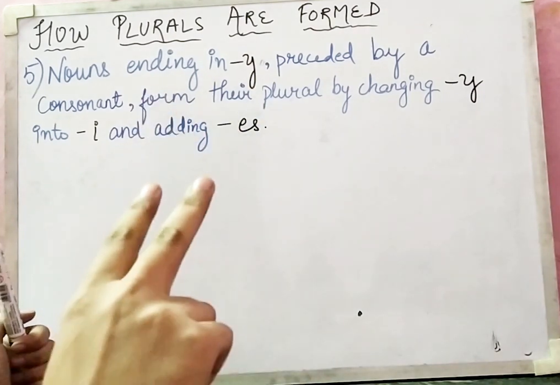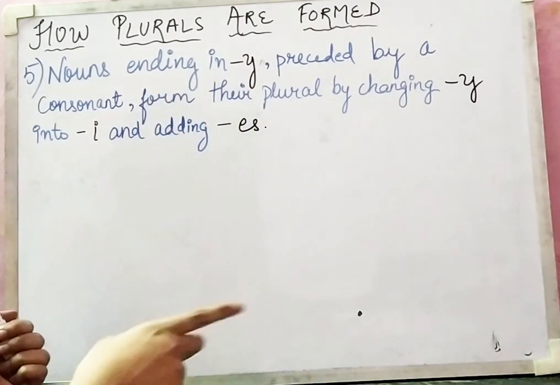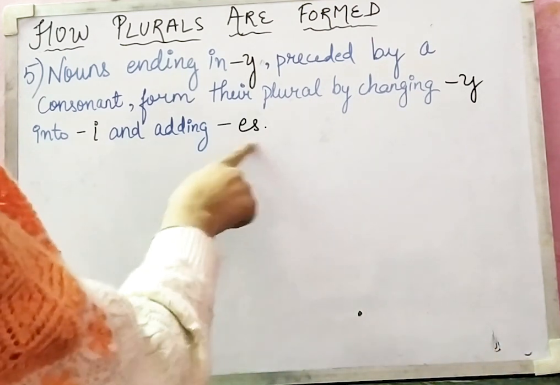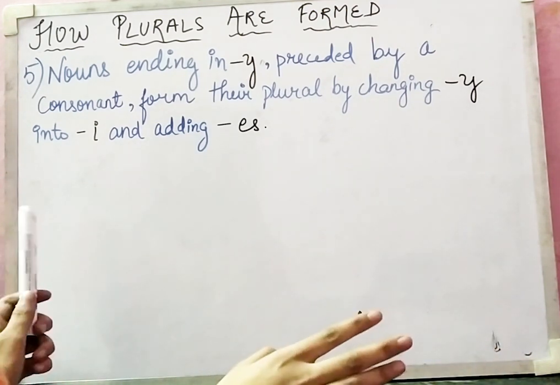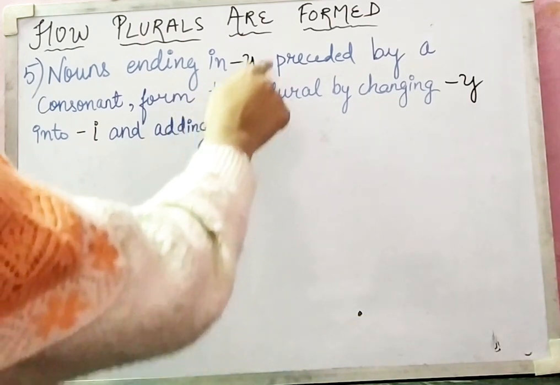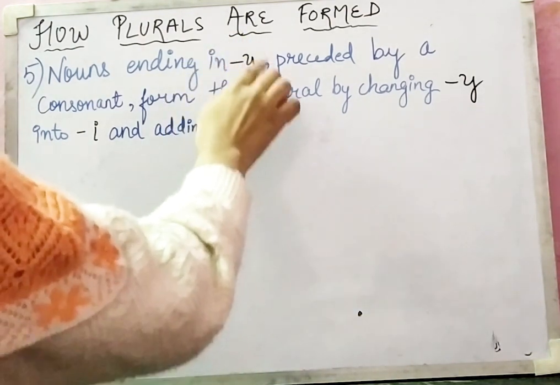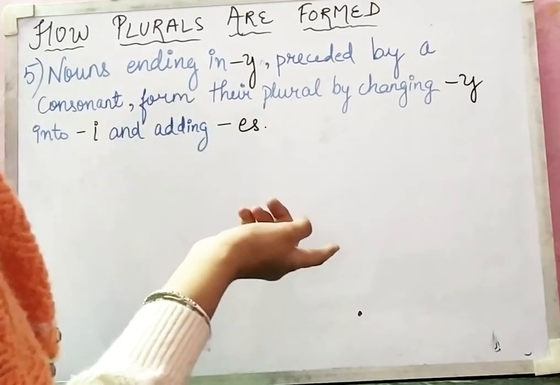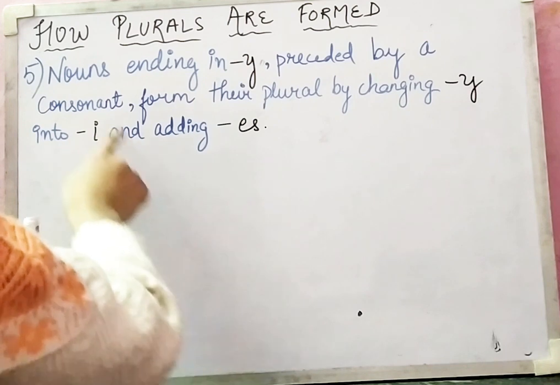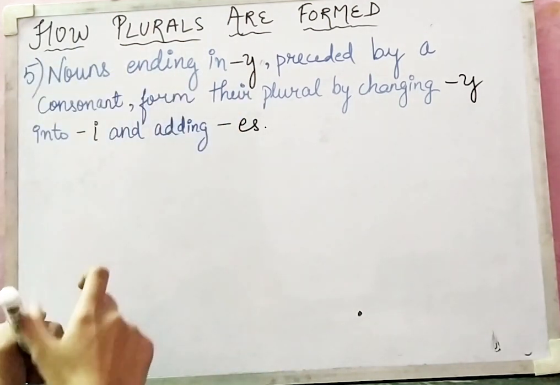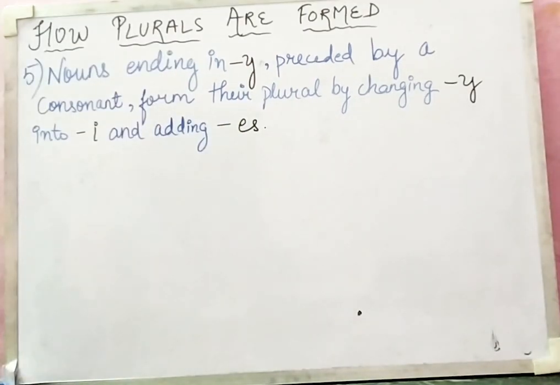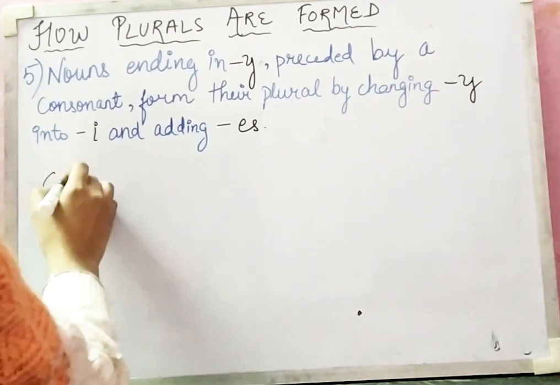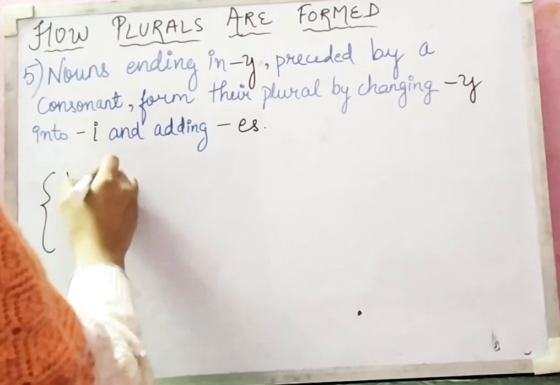In the previous ones, the nouns that end with o, we add es to make it plural. In this, for the word that ends with y, we have to change this y into i and then add es. Simply you can say that, like one example is here, baby.